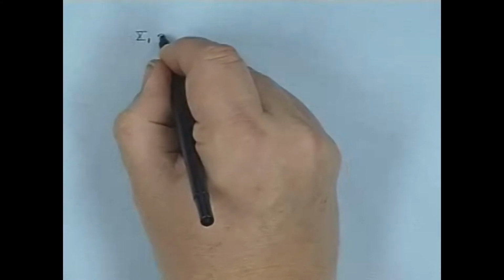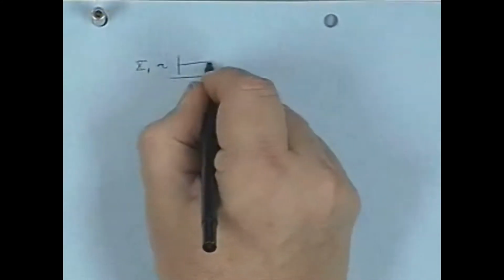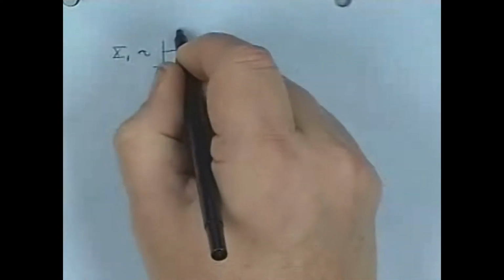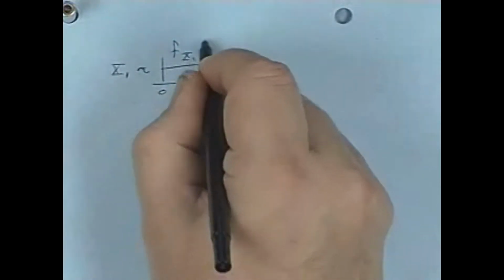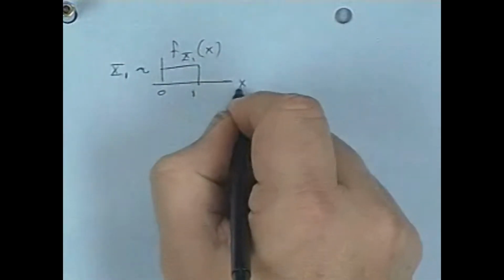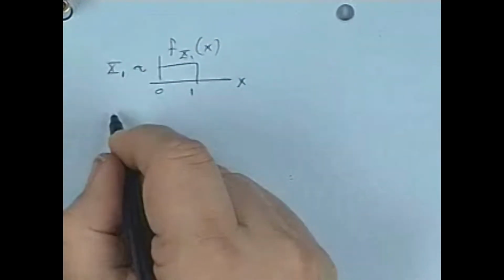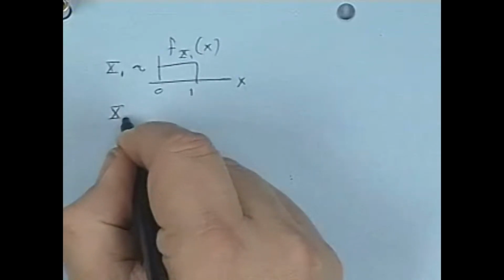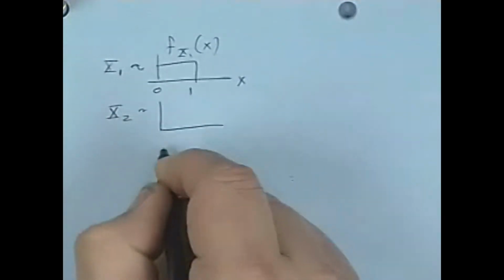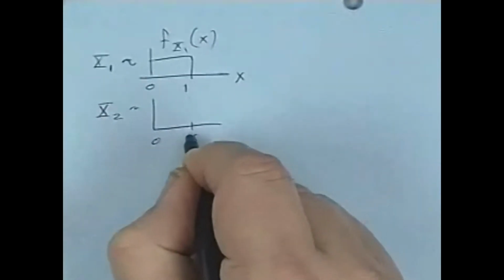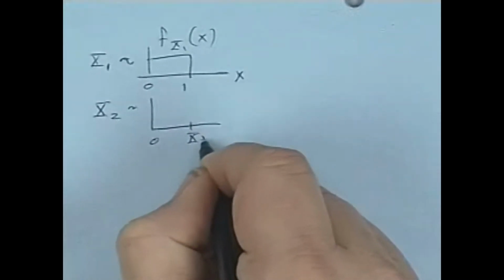43, we have x sub 1. I draw small, by the way. X sub 1 is uniform on the interval from 0 to 1. Can everybody see that? And x2 is uniformly distributed on the interval from 0 to x1.